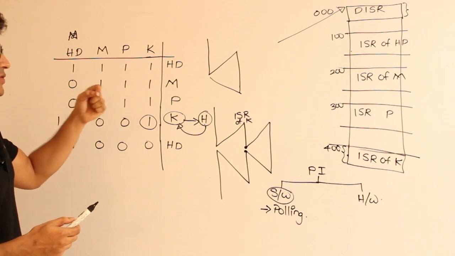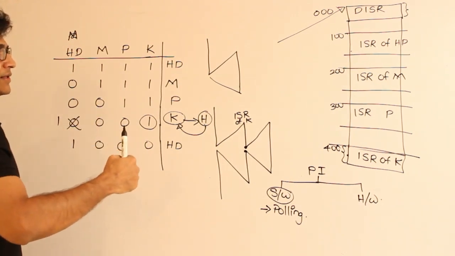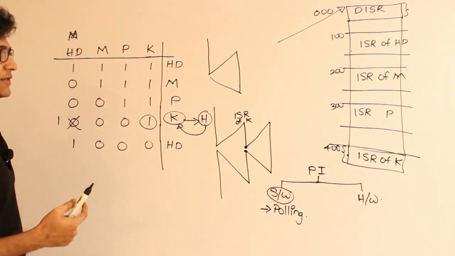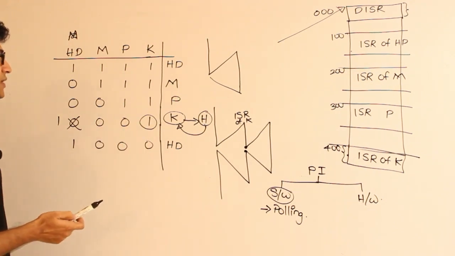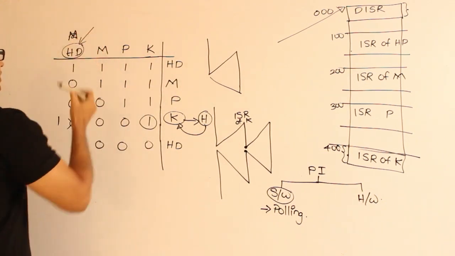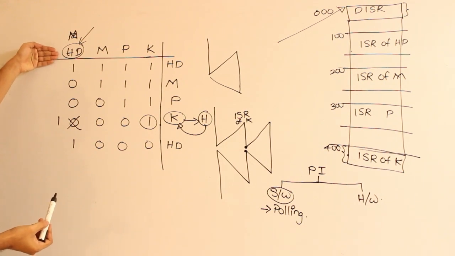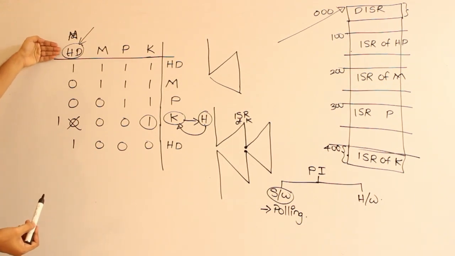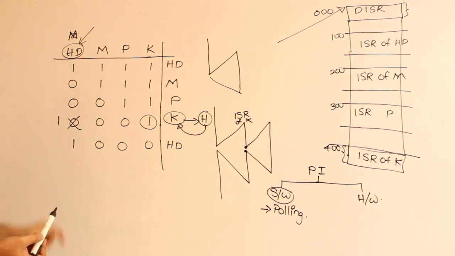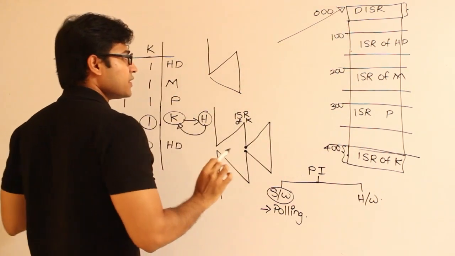In that function, the instructions are written in such a way that we'll go and ask each device whether it is the one which has created the interrupt. First we'll go and ask the hard disk whether it has created the interrupt. How will we ask it? It is nothing but checking its status flags. If this is the one which has caused the interrupt, then we'll immediately branch here and service that.